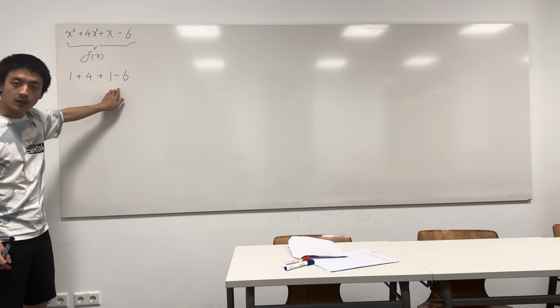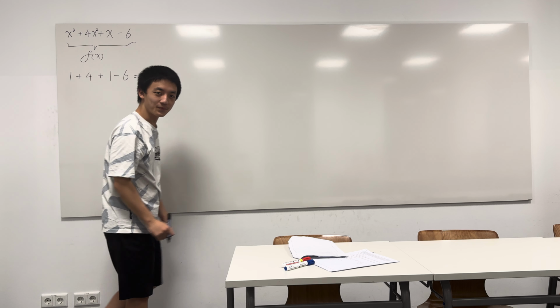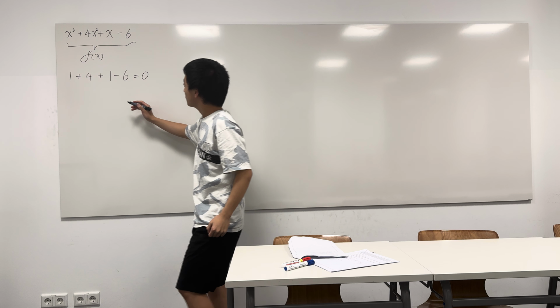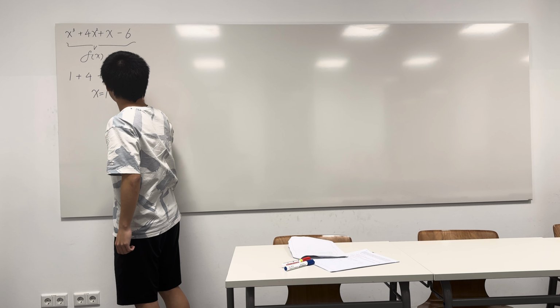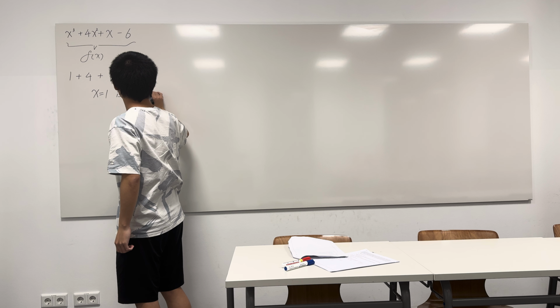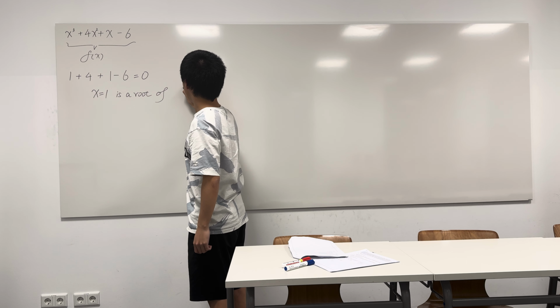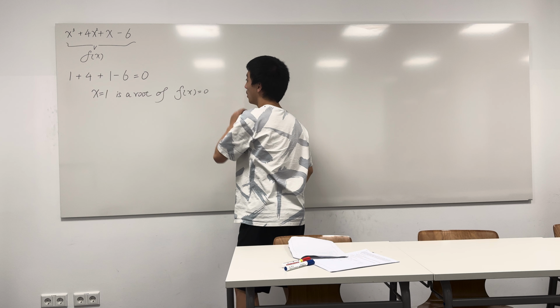After we calculate this, what do we get? We get 0. What does that mean? It means x equal 1 is a root of f(x) equal to 0.